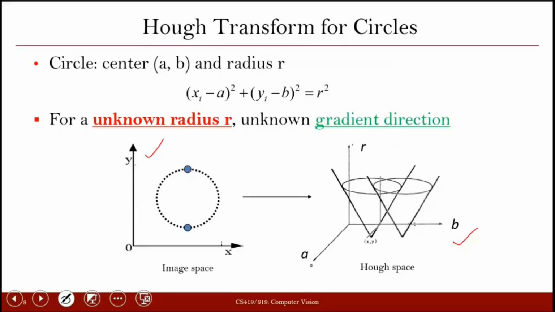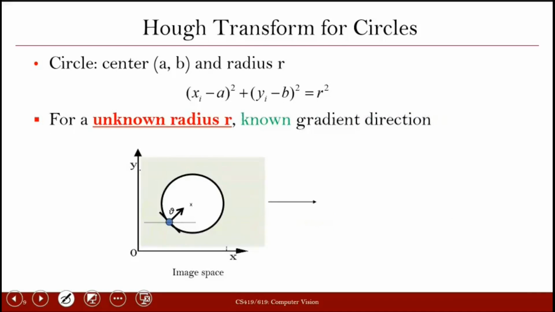Given these points, we plot these cones, and then after plotting the cones, we analyze that 3-dimensional grid, and the cell which has more accumulation of votes, whatever A, B, and R we have, will declare the parameters for the circle that exists in the image space.